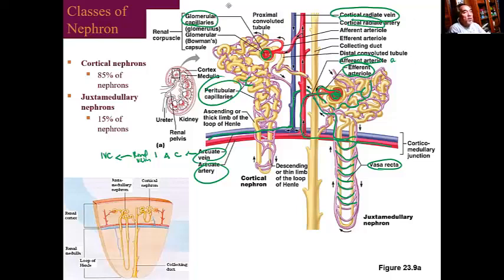Just remember, the renal corpuscle is made out of the glomerular capillaries called the glomerulus, plus the glomerular capsule, which is called the Bowman's capsule. So when you hear the word renal corpuscle, it is made out of two structures, the glomerulus and the Bowman's capsule. Now, nephrons can be located in the cortex, which is 85% of them, and we call those cortical nephrons.